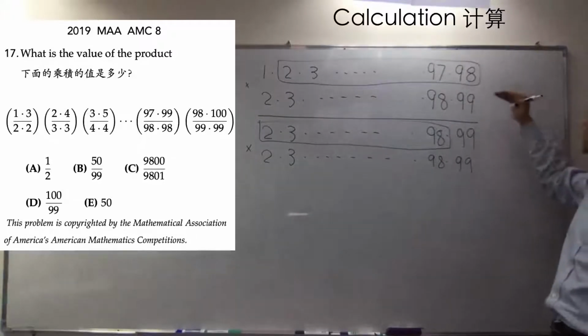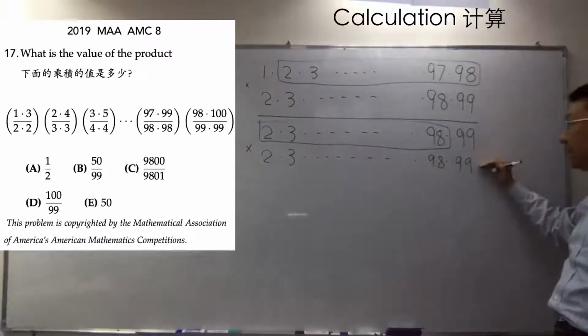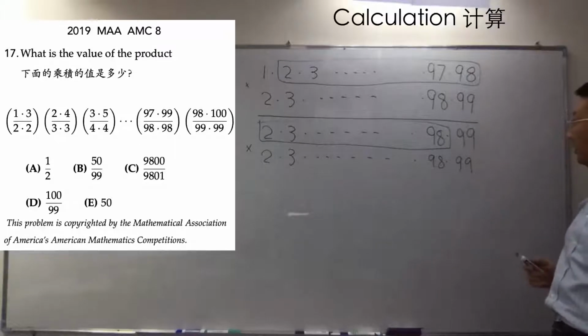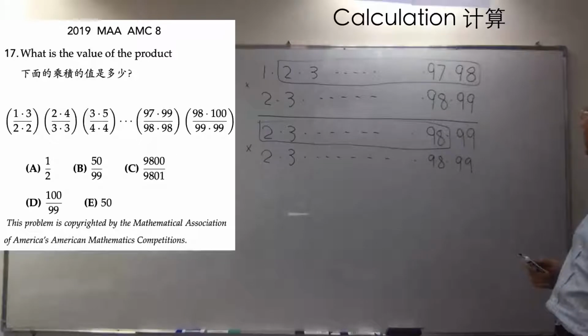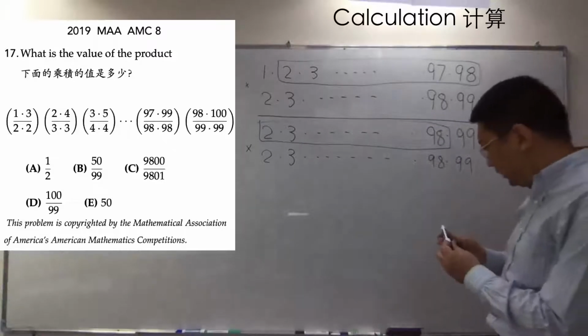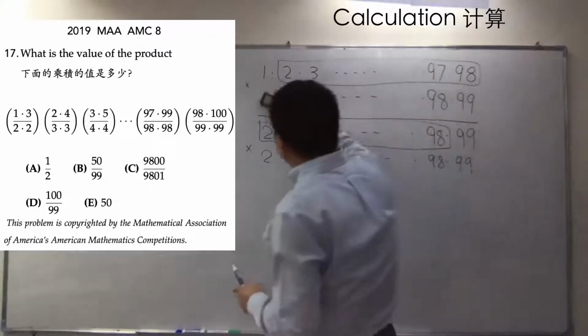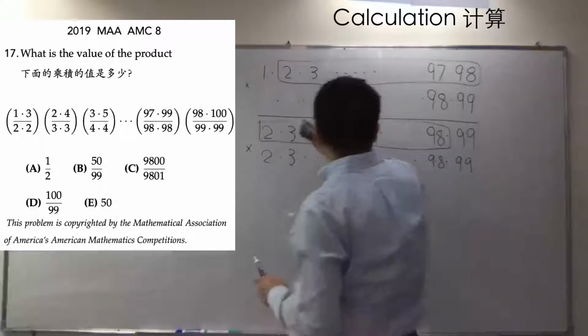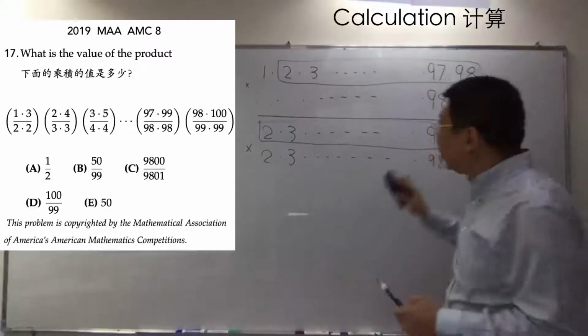Then we compare the second line in the numerator versus the second line in the denominator. Oh, did I miss anything? Oh, I missed something here. That would be starting with 3, 4 up to 99 and 100.